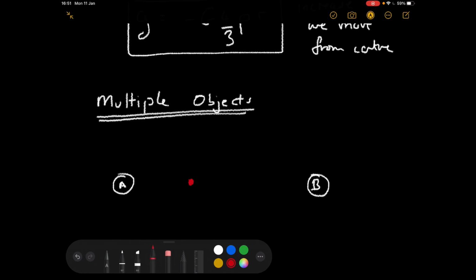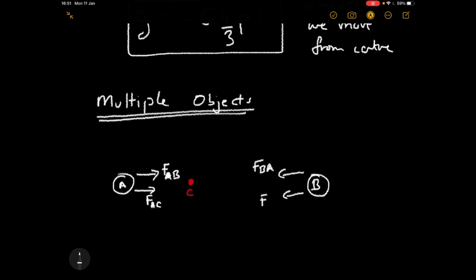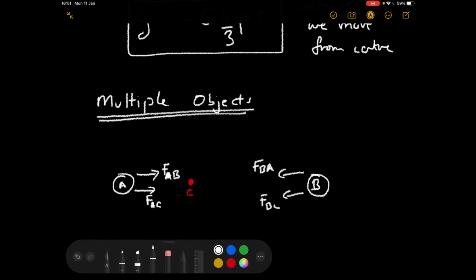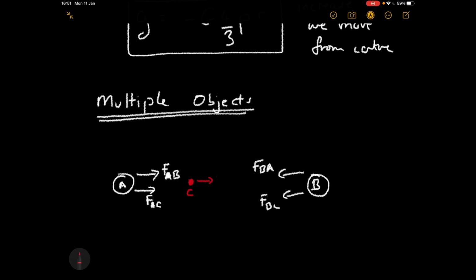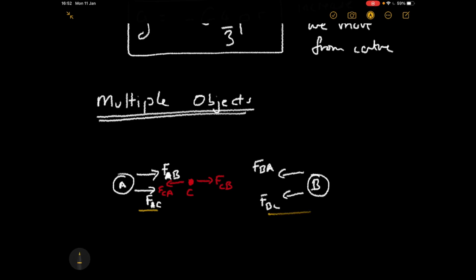Let's call this C. What we'll get is a force on A due to planet B. We'll also get a force on A due to the object C. B will get a force due to object A. We'll also get a force on B due to object C. And for object C, our little travelling companion in the middle, there's a force on C due to object B, and a force on C due to A. Now, if we work on an assumption that the mass of C is very small compared to the other two, then in many respects this force and this force might essentially become negligible.